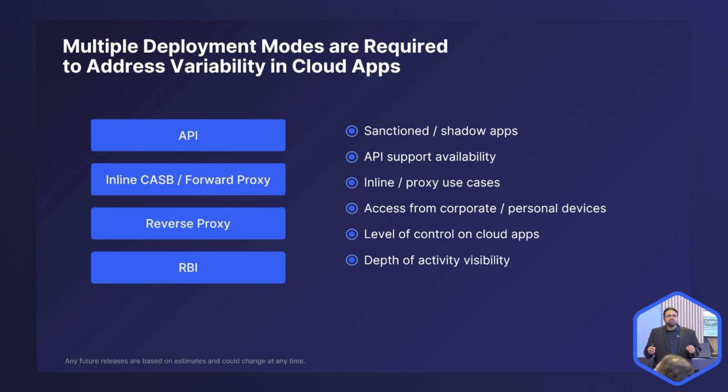The reason is not all cloud apps are the same. Some apps have APIs, some apps don't. Some apps are accessed via SAML, some apps are directly accessed, and some are accessed from your personal device, some from the corporate device. So the modalities of access of cloud applications vary significantly, and you want a solution that's able to deploy in multiple modes so that your security use cases are addressed, right?